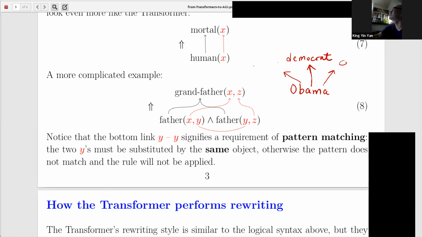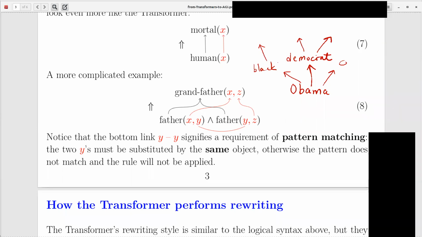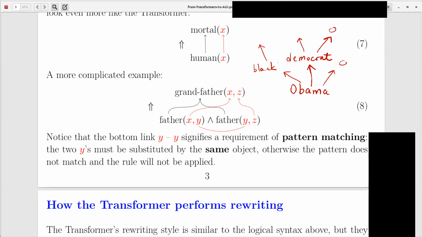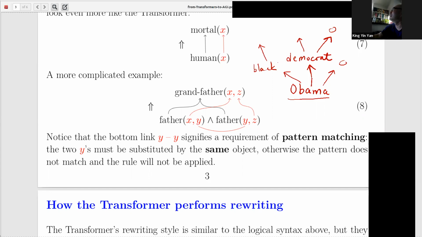He is also a black president, right? And also other things. And if you have many rules, all these rules also have other implications, right? So for example, if he's a Democrat, then maybe he supports certain policies. So sometimes you can imagine that it can understand the meaning of Obama, because there are so many rules.